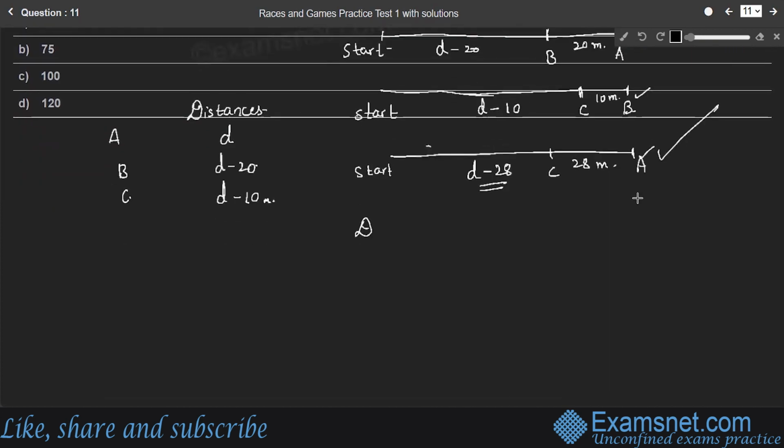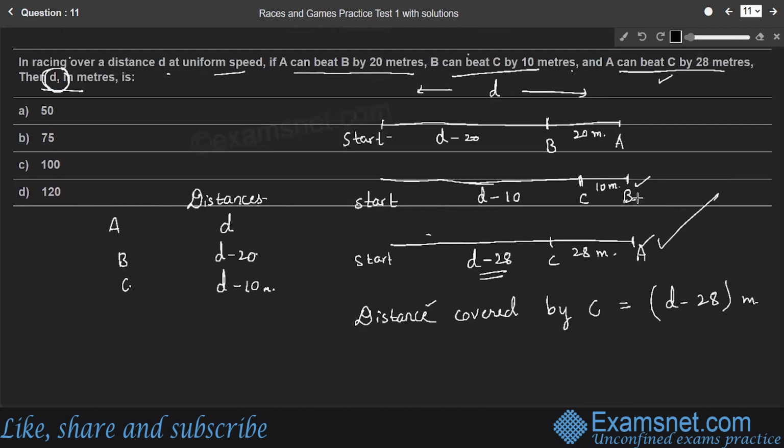So the distance covered by C is equal to D minus 28 meters. We can write the distance covered by C in terms of the first two situations. What is the distance covered by C?